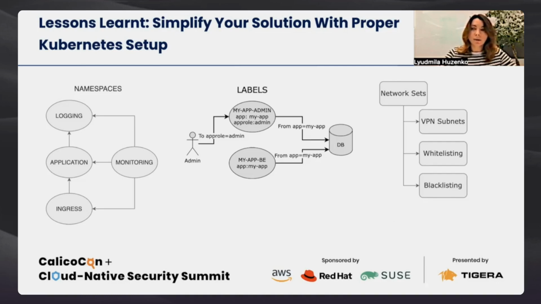One way to simplify your solution might be grouping your applications into certain namespaces. These applications should do the same things and provide some services to other namespaces. For example, you can have a namespace for your login applications, for your monitoring application, ingress, and your business application itself.